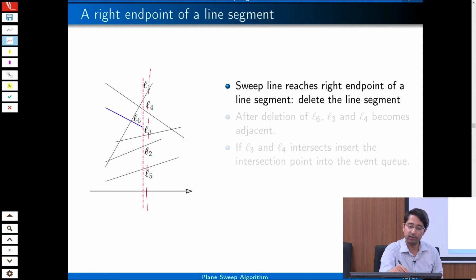Previously L3 was not a neighbor of L4 because L6 was in between. So, while deleting L6, I will check whether L3 and L4 intersect or not. At this right endpoint event, I am checking whether L3 is intersecting with L4, because after L6 is deleted, L3 and L4 become neighbors. So there is a possibility that they might intersect. I will check.